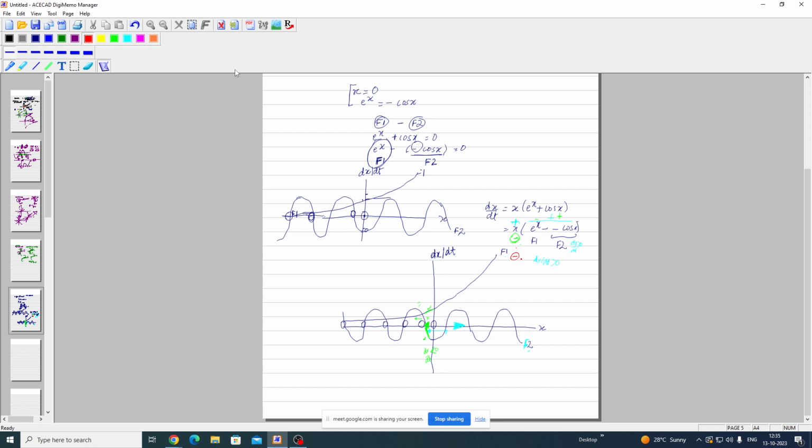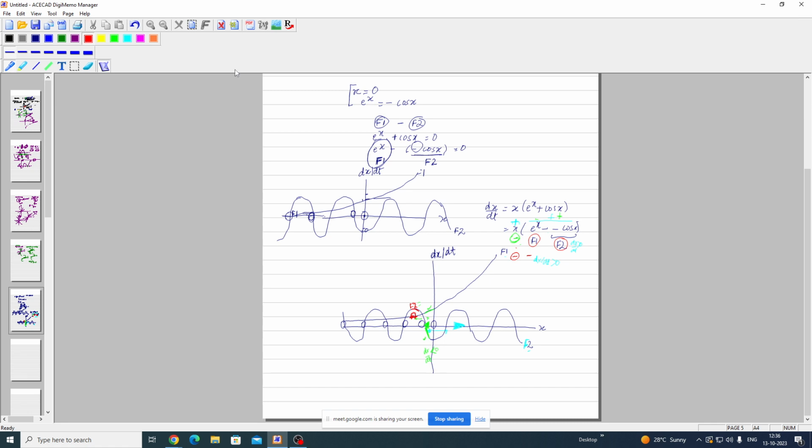What's happening there? Function 1 is below function 2. This is function 1 and this is function 2. When function 1 is below function 2, f1 minus f2 is going to be negative.